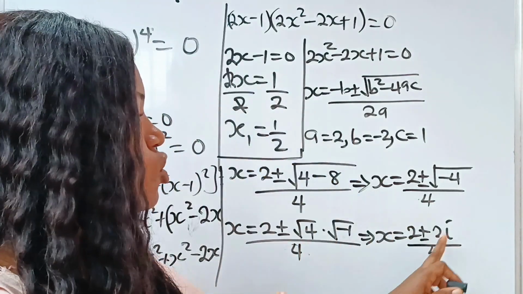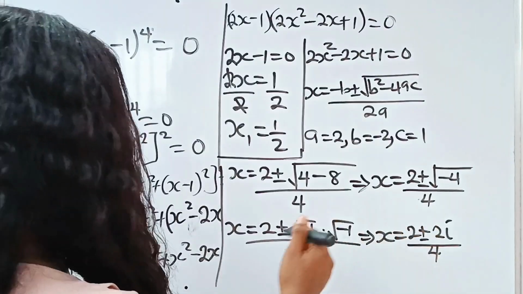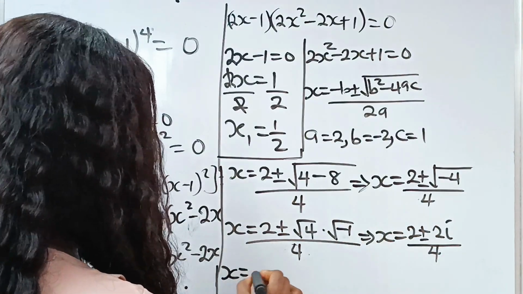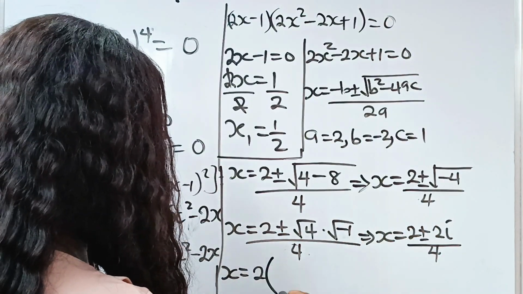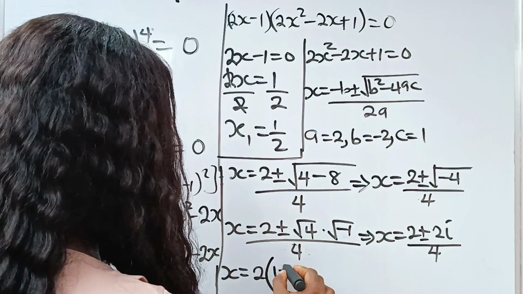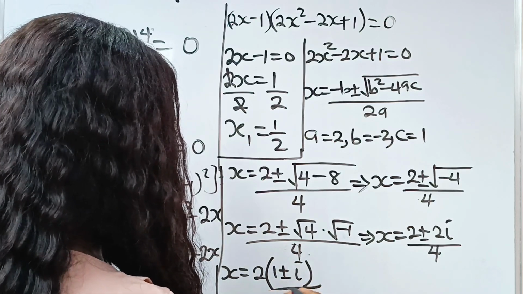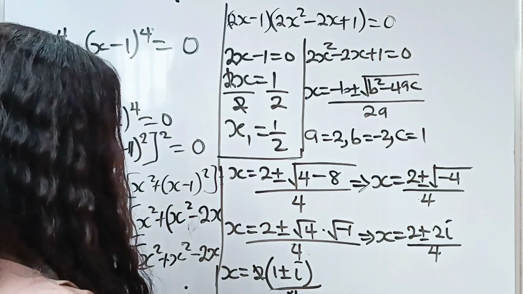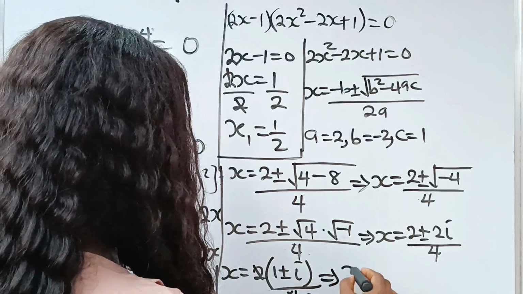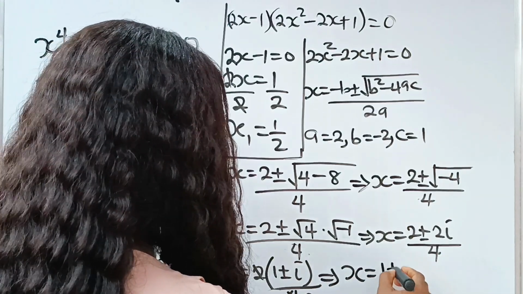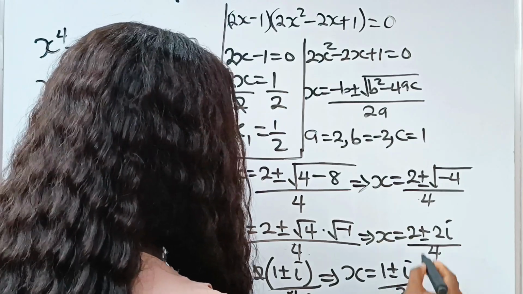Now let's factorize 2 out. If we factorize 2 out, we will have that x is equal to 2 brackets 1 plus or minus i divided by 4. Now these two, we divide these two and we have that our x is equal to 1 plus or minus i divided by 2.